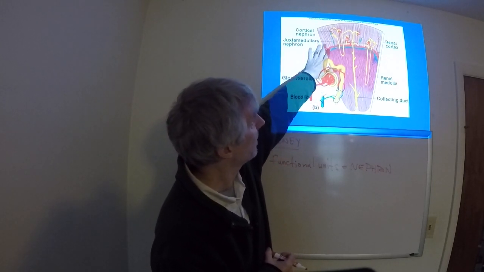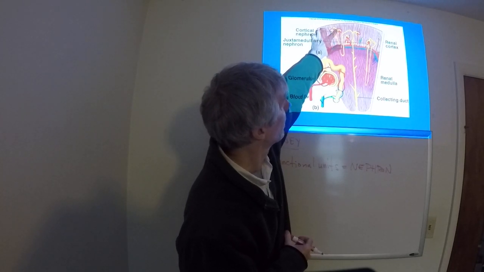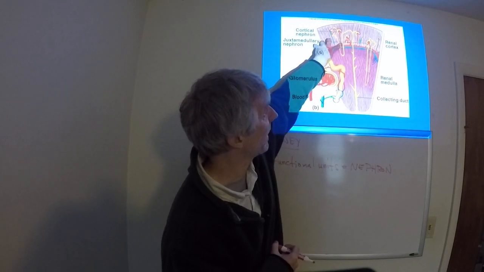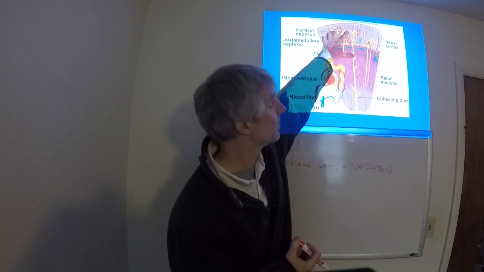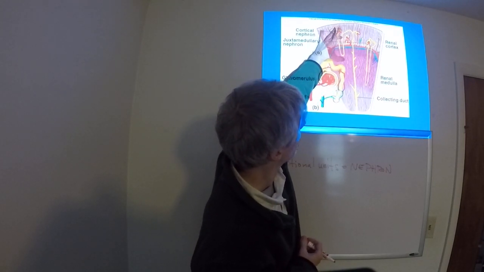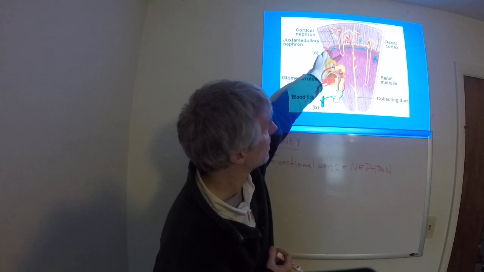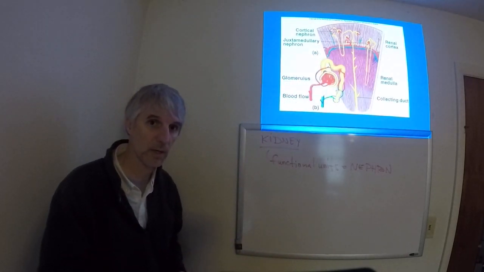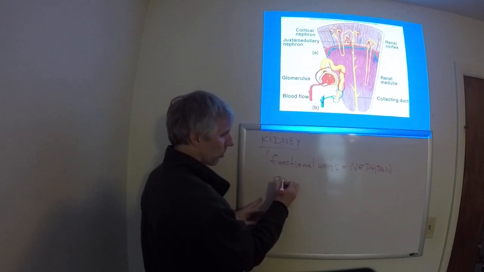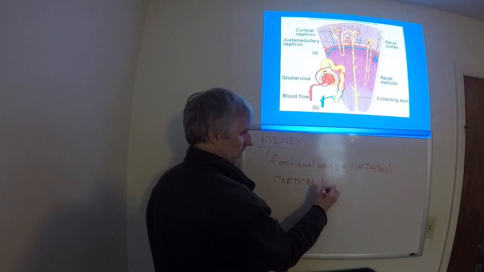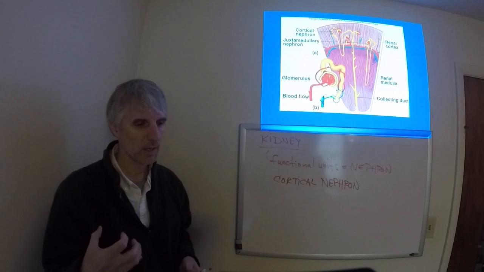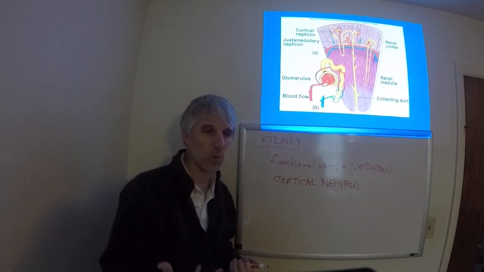So there are some nephrons, like this one here, where Bowman's capsule, proximal convoluted tubule, descending limb, ascending limb, distal convoluted tubule, collecting duct. Notice that this loop of Henle doesn't penetrate very far into the renal medulla. Okay? This type of nephron is called a cortical nephron. Cortical nephron, because the nephron is basically located in the cortex of the kidney.